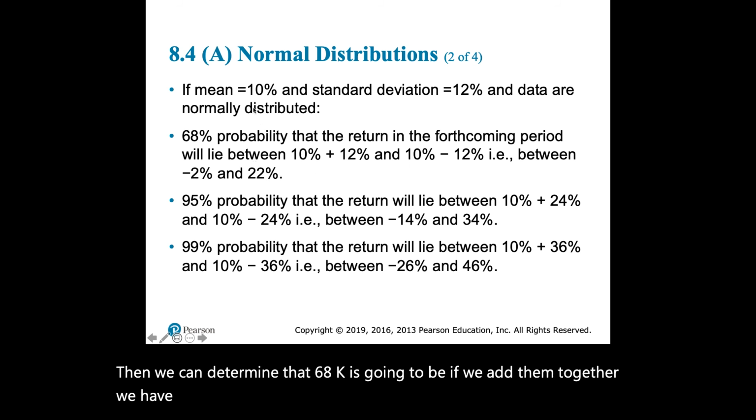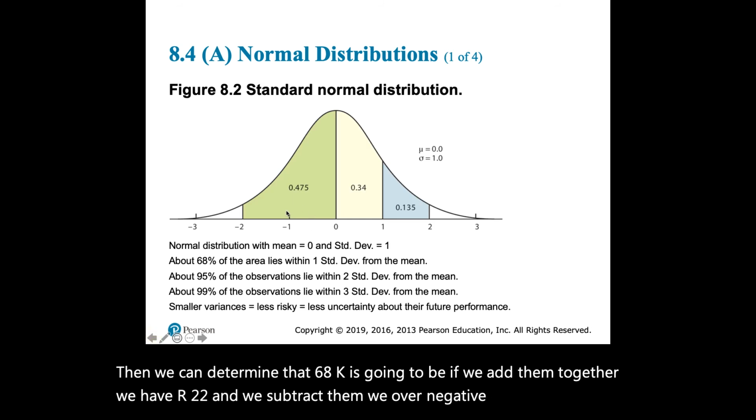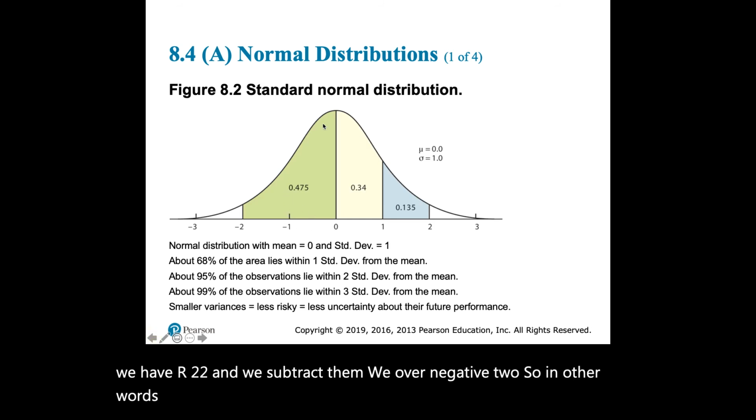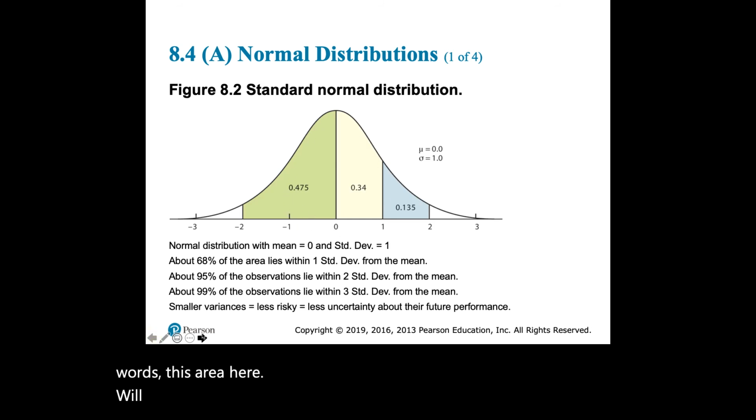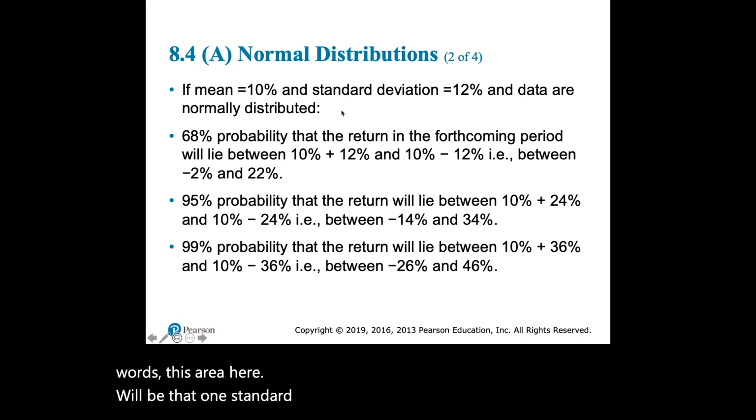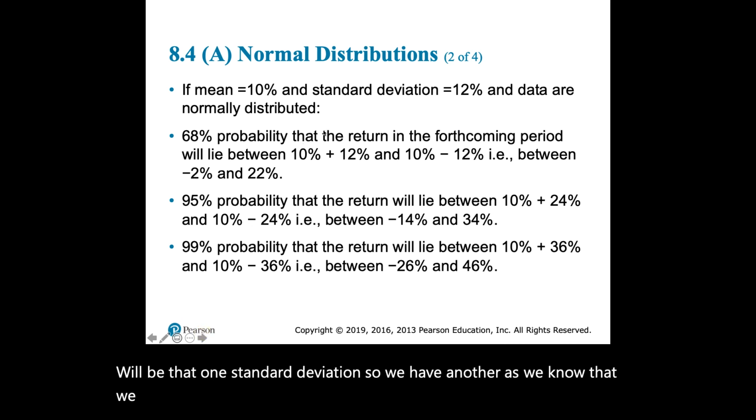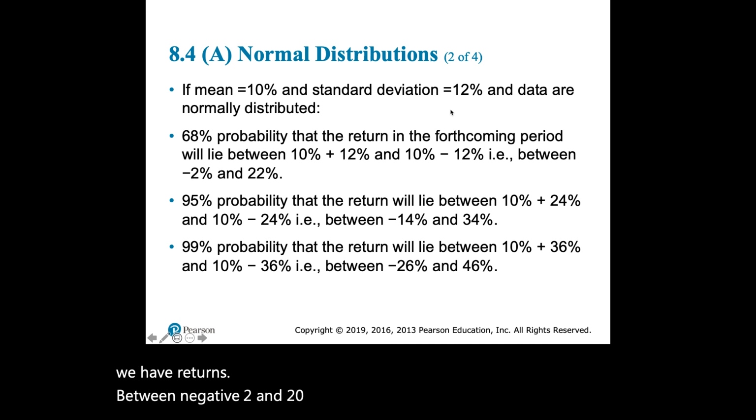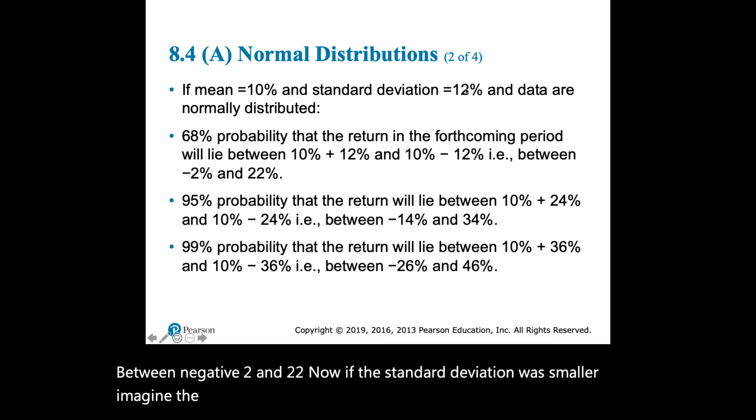In other words, we have returns between -2% and 22%. Now, if the standard deviation was smaller, imagine it was 1, then it would be 10 plus 1 and 10 minus 1, so it would lie between 9% and 11%.